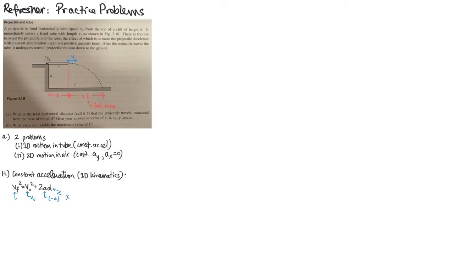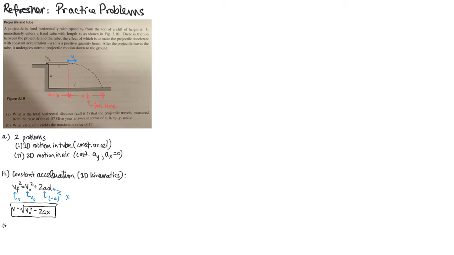And we are calling in this problem the final velocity v. That's the velocity at the exit of the tube. So we have an expression for v then. We can say that v is equal to the square root of v0 squared minus 2ax. Okay, so that is our exit speed at the end of the tube.